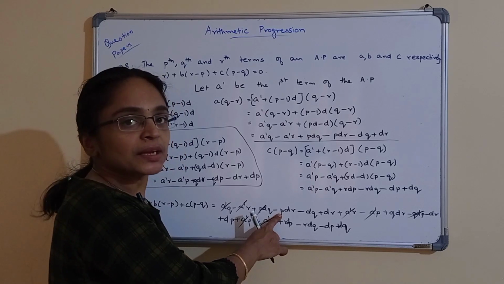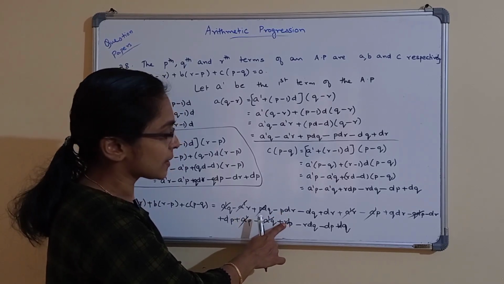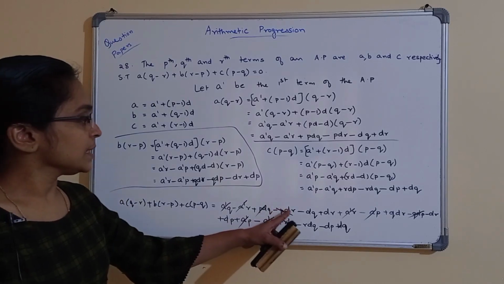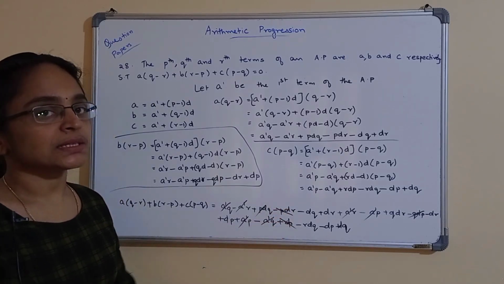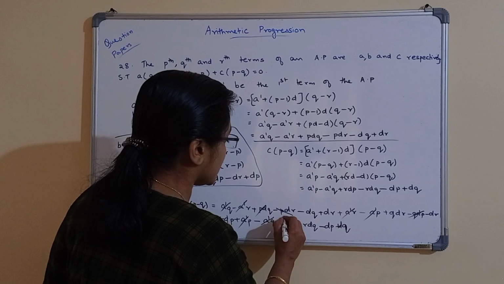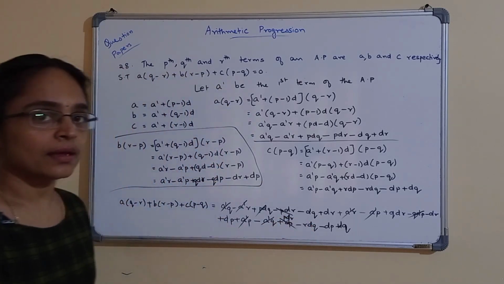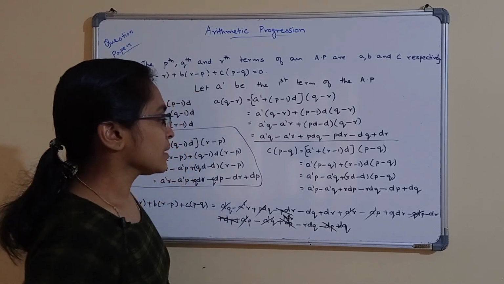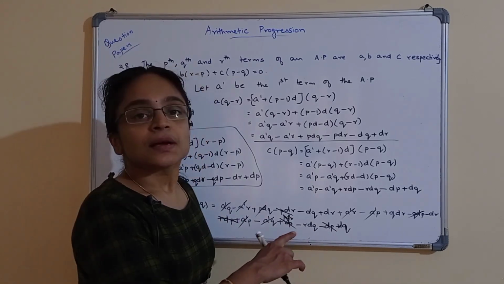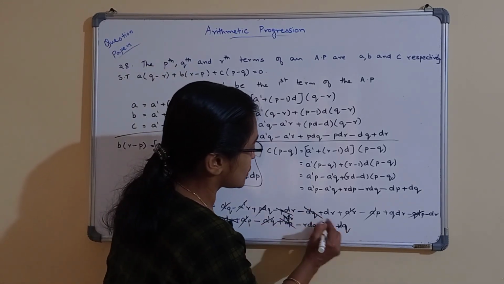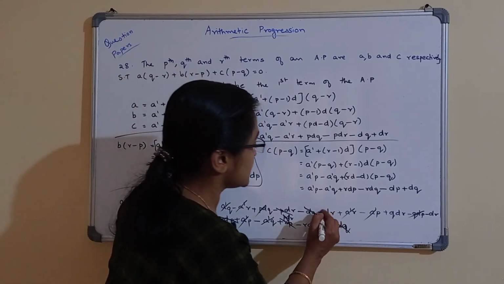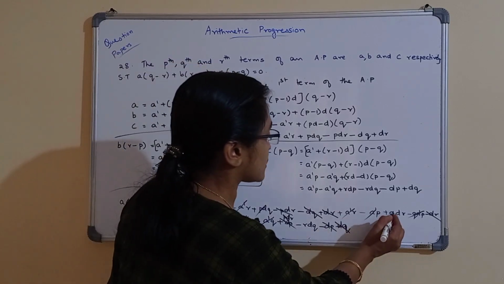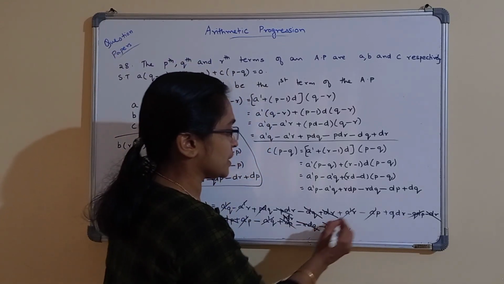Then minus pdr and this is plus pdr, so this will get cancelled. Plus rdp is same as plus pdr. Okay. Now plus dp and minus dp, and plus dq and minus dq. Then plus dr, minus dr. Then one more term is there, qdr and minus qdr.